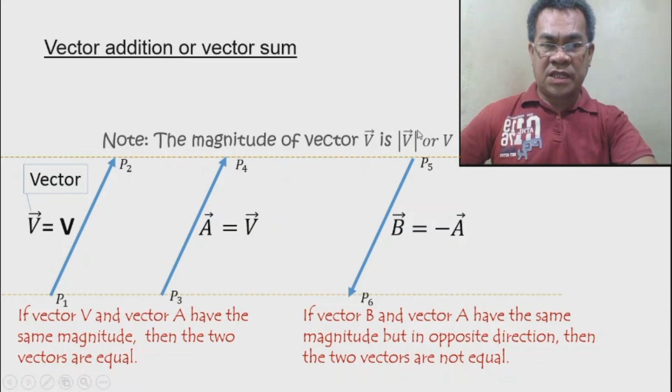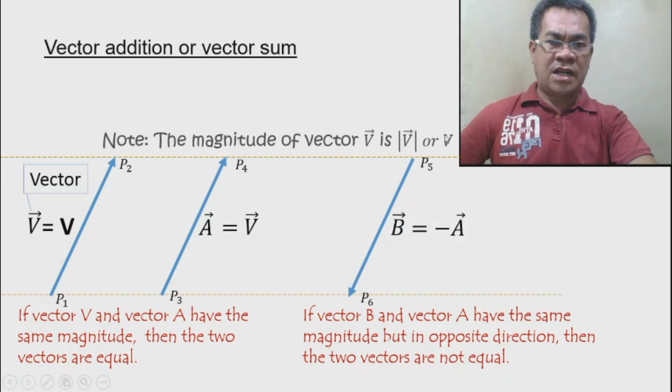This is the magnitude of vector B. It describes the length between these two points only. It doesn't have a direction. Therefore, this is already a scalar, because magnitude is a scalar quantity.